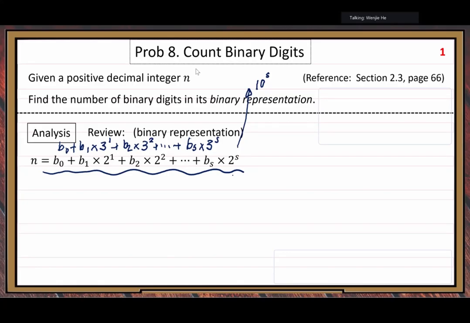All right, so we need to take advantage of the structure for base 2. How do we think about it? If we do division by 2, both sides, what would happen? That means the exponents would all go down by 1, but still power of 2, right?